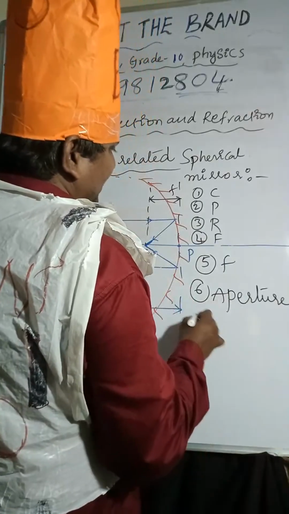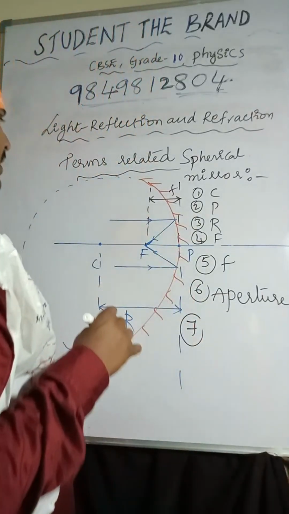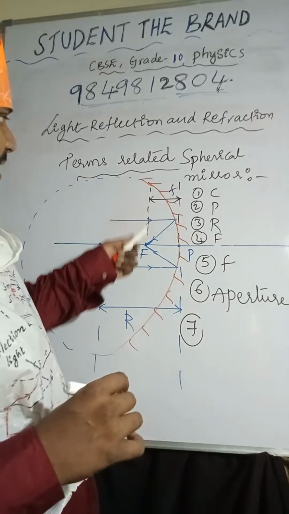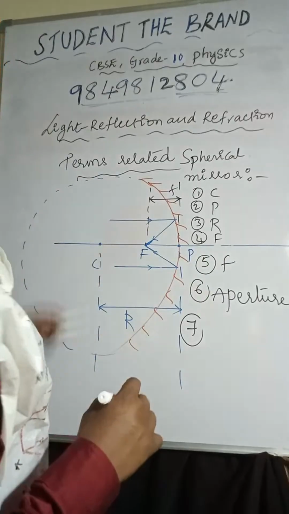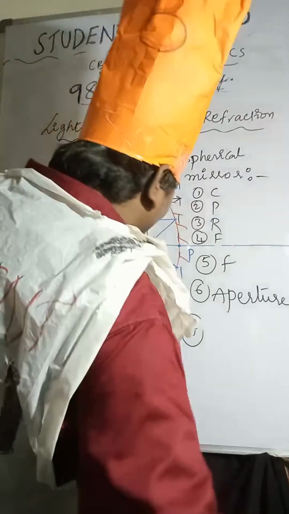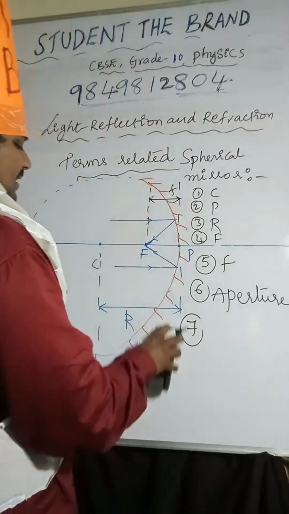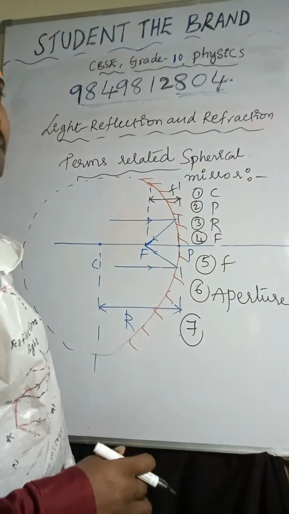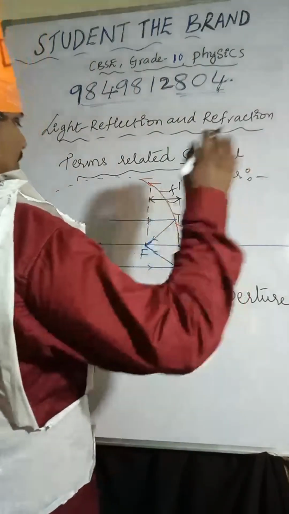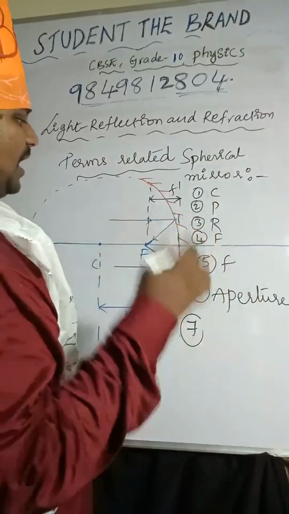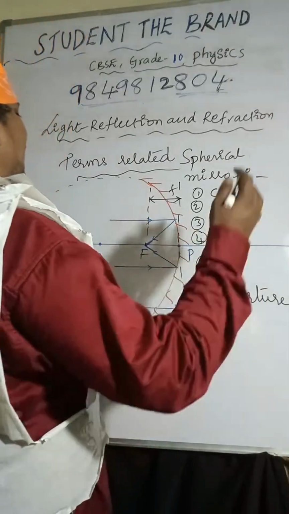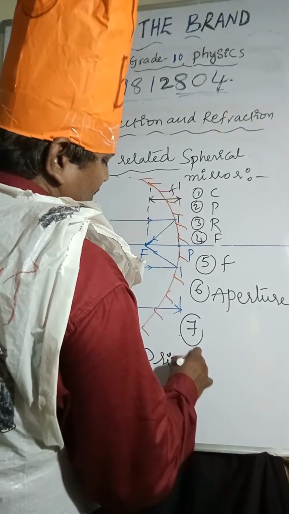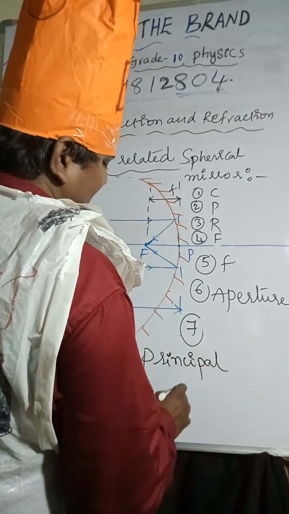And the seventh one is principal axis. The line joining the center of curvature and pole is called the principal axis.